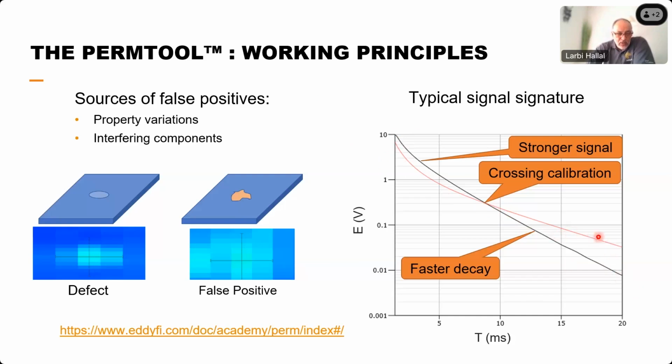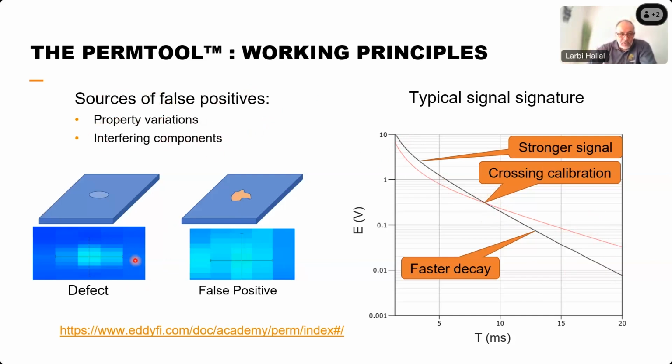This, at the end, will be interpreted by the software as a wall loss, but we need to be careful here because this can lead to a false positive call because of property variation, for example, or an interfering component.